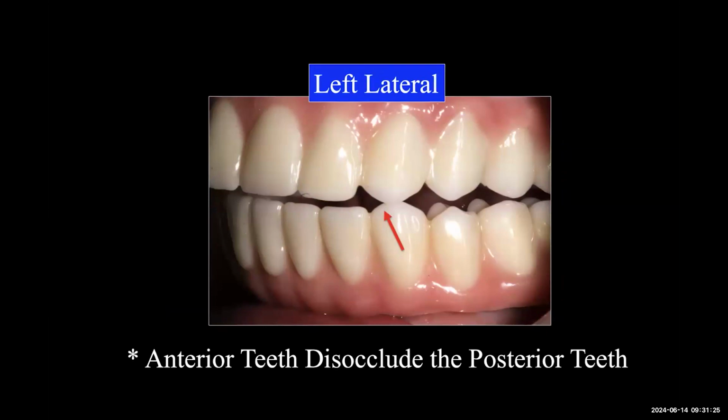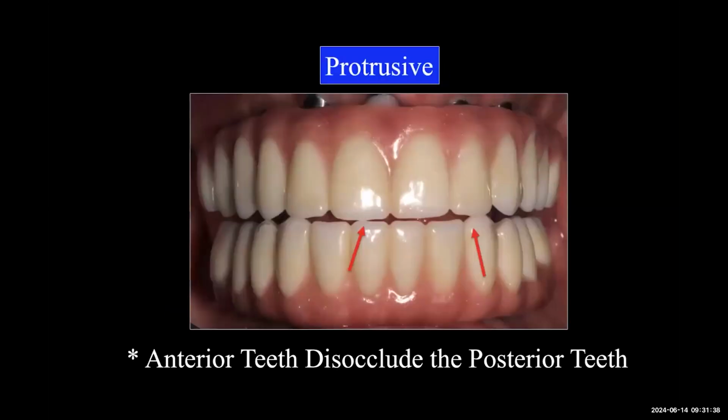So what you want to do is make sure when you're evaluating these, you have the patient go into the lateral excursions and make sure there are no eccentric contacts that would cause these problems. And then in protrusive, what we try to get is many of the anterior teeth contacting at once so that the posterior teeth are discluded.